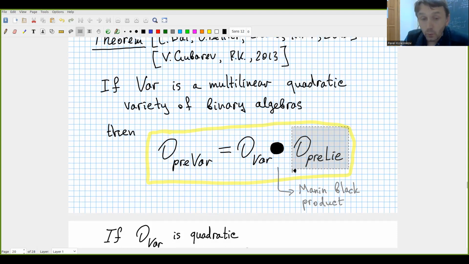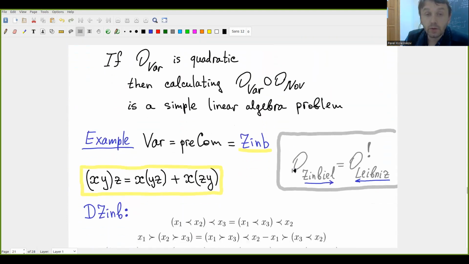In the case when the initial variety was quadratic, the Novikov variety is also quadratic, of course.